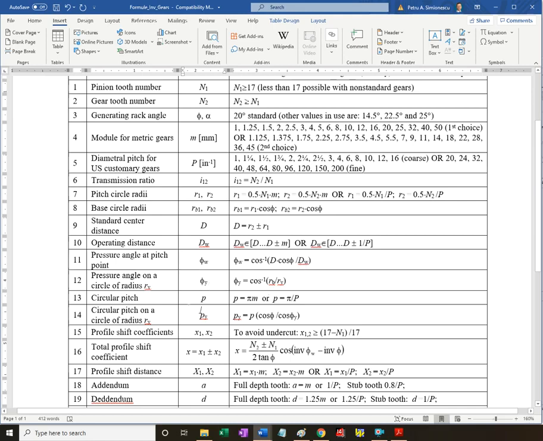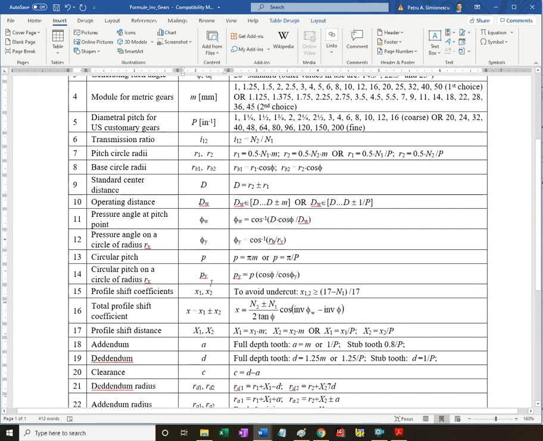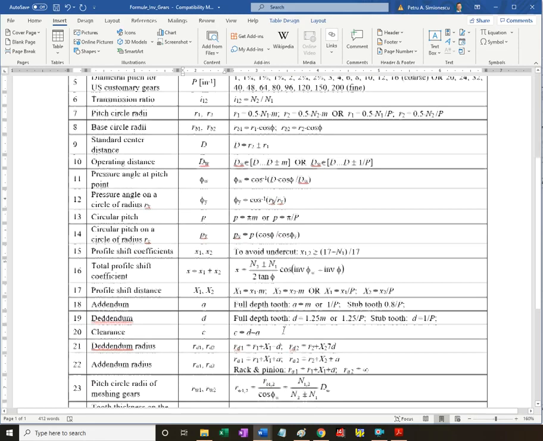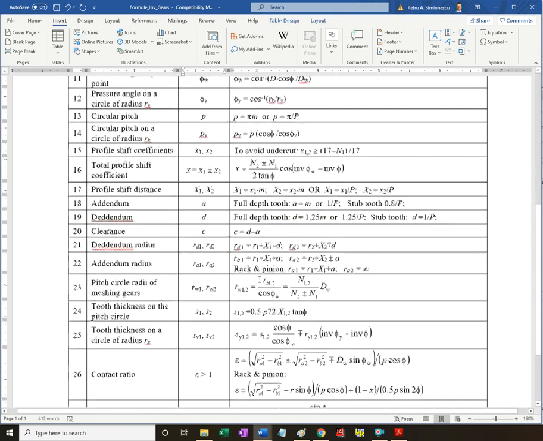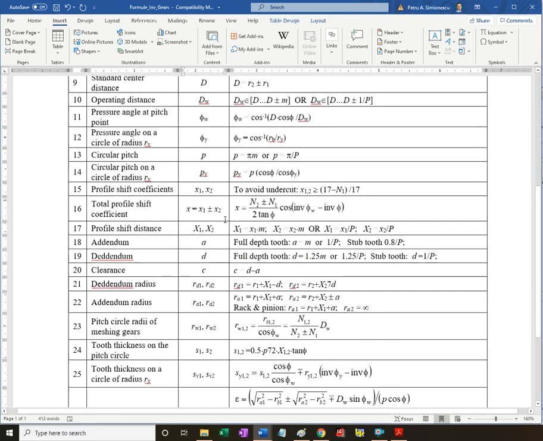Then there are the pressure angle at the pitch point, the pressure angle on any circle, and the circular pitch on any circle, including the base circle pitch. You're just dividing the circumference by the number of teeth. It was in the text. The formula for the circular pitch on any circle.